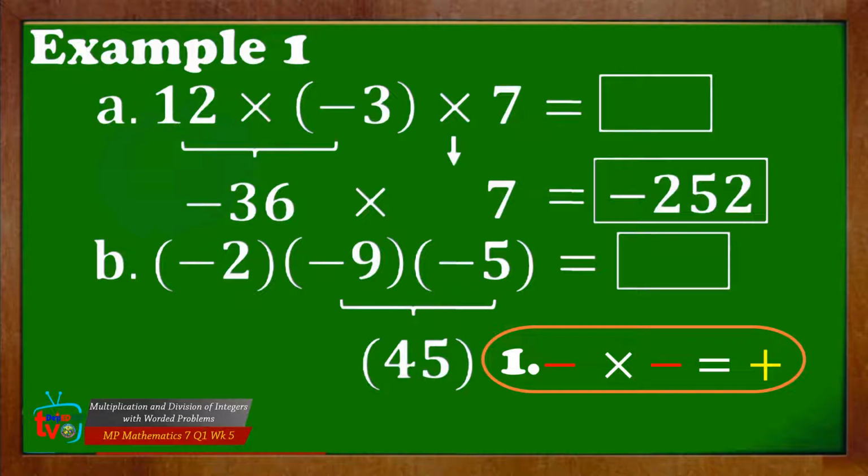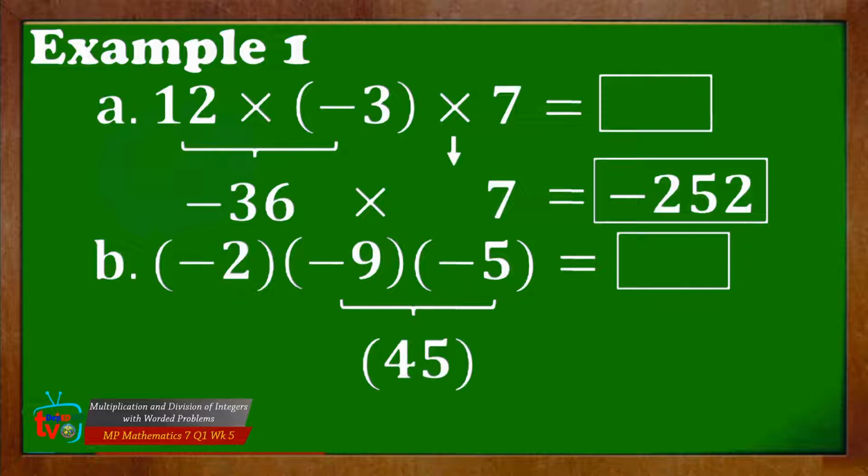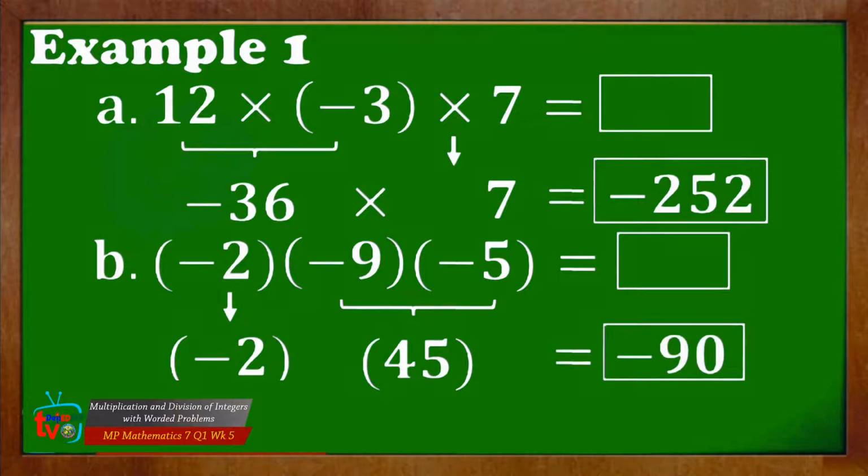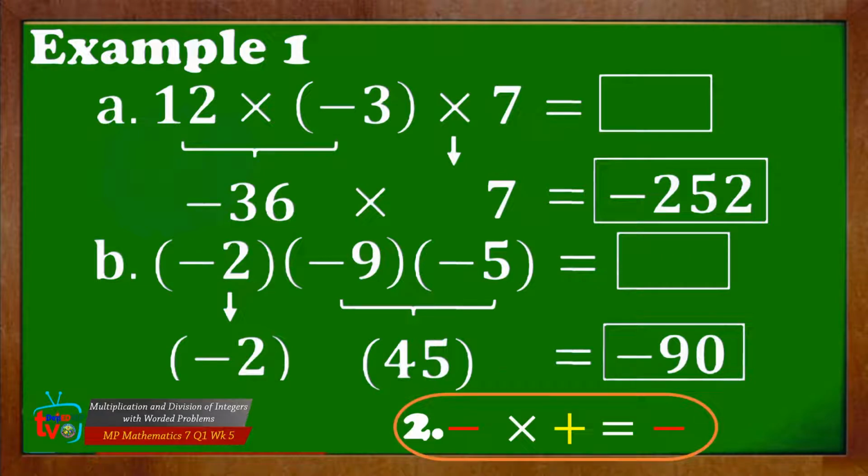They are both negative. Then, copy negative 2. Next, multiply negative 2 and 45. The product will be negative 19. What rule is this? It is rule number 2. Different signs is negative.